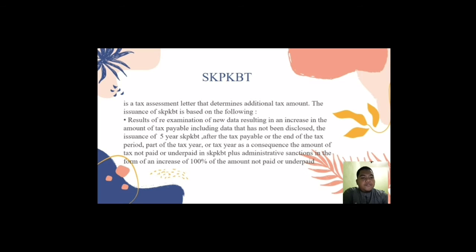The issuance of SKPKBT is within 5 years after the tax payable or the end of the tax period, part of the tax year, or the tax year. As a consequence, the amount of tax not paid or underpaid in SKPKBT, plus administrative sanction in the form of an increase of 100% of the amount not paid or underpaid.